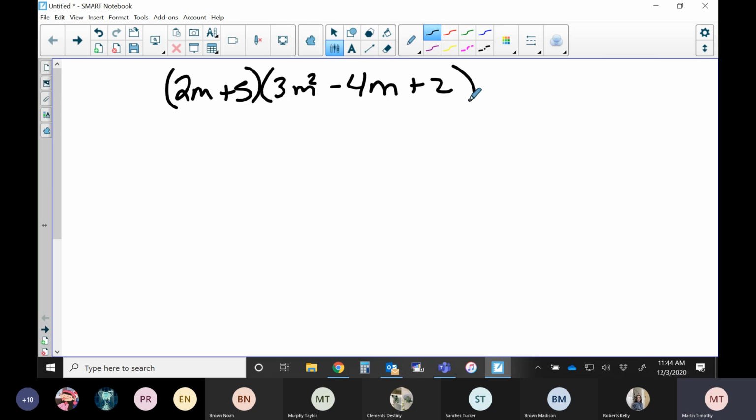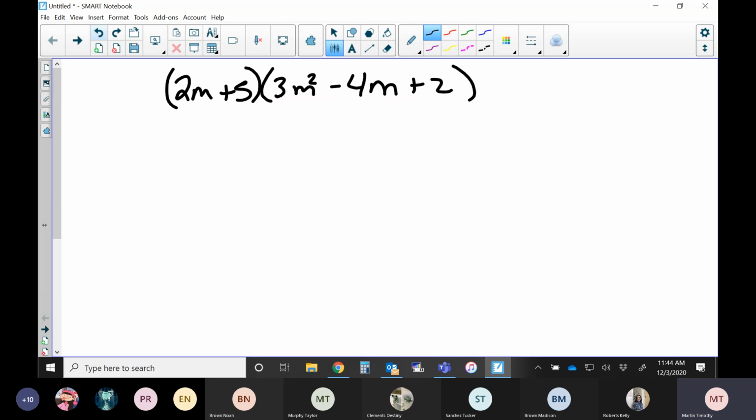Right here, this is just going to be distributing, meaning everything in the front bubble has to multiply by everything in the back bubble. So I'm going to multiply this 2m by 3 things. 1, 2, 3. I'm going to take this and multiply it by 1, 2, 3 things.